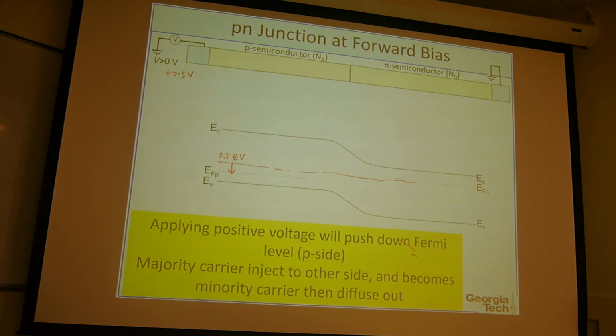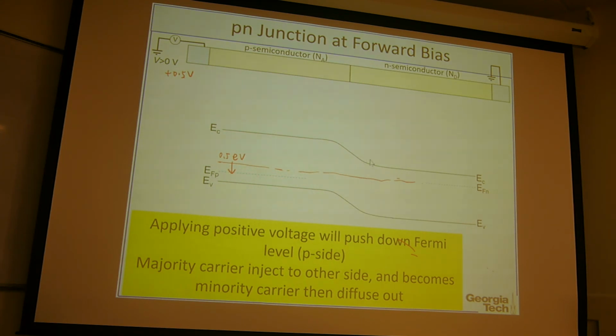Positive voltage to the electron means lower potential for the electron. EC, EF, EV, their relative distance will be maintained, so those three will move together.